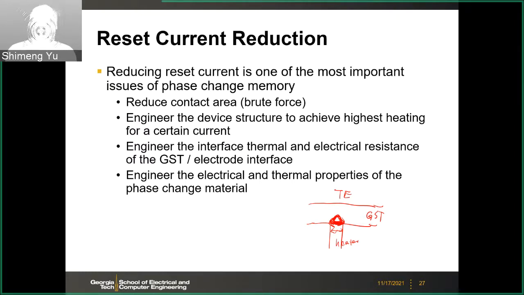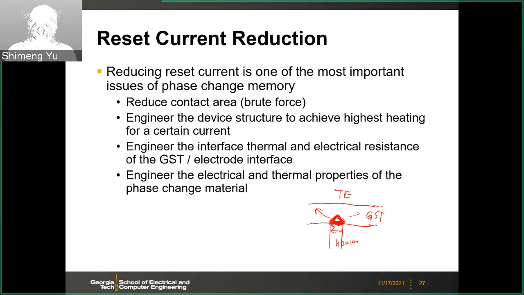So eventually we need some temperature here, but the temperature depends on how efficient you heat up this region and how much the heat is dissipated. You want to preserve the heat locally in this region, instead of allowing the heat to dissipate.